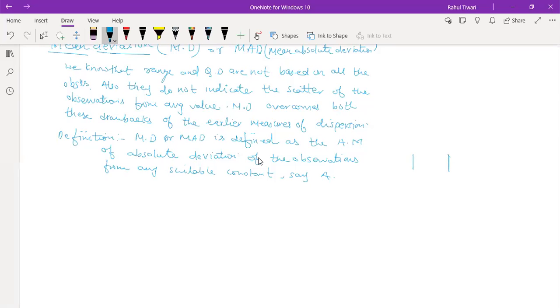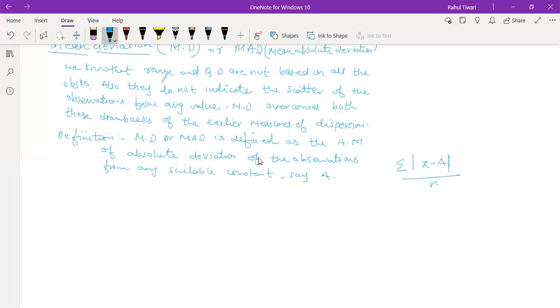It's the absolute difference of their AM. AM means divide by n with summation of observation with any suitable constant. So it's the arithmetic mean of absolute deviation, meaning absolute difference of observation from any constant. So this is the definition.